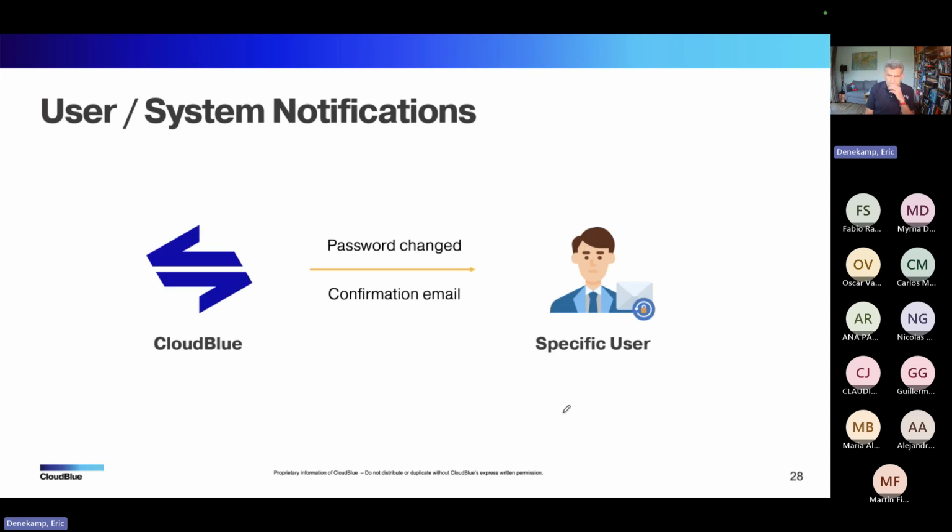The system will also send notifications, for instance the confirmation email. If you need to confirm your email, you will receive a notification with a link that I think is valid for about an hour, and you have to react on that. If I forgot my password, there's a forgot password link on the login page, and that will send a notification as well.